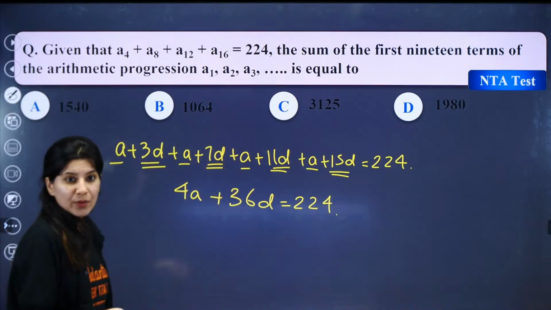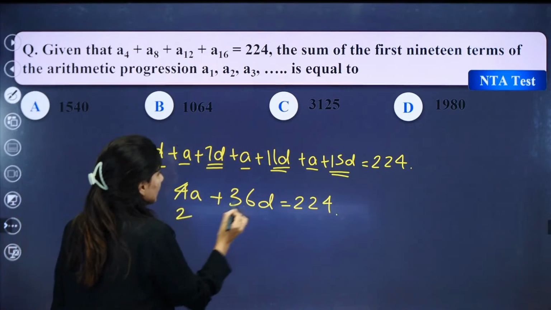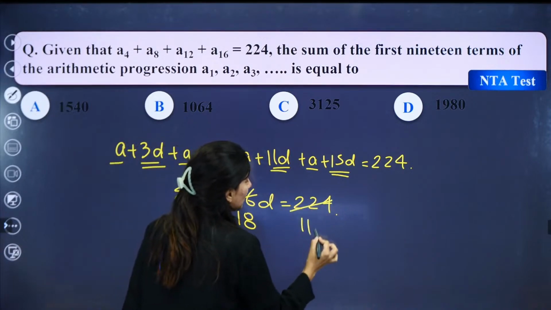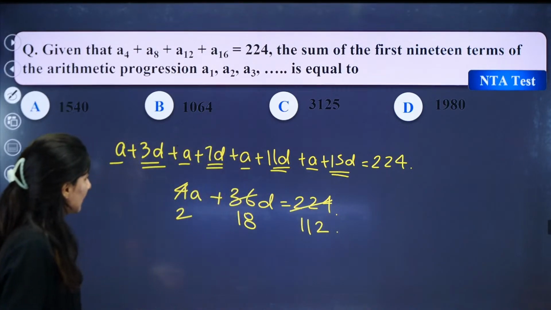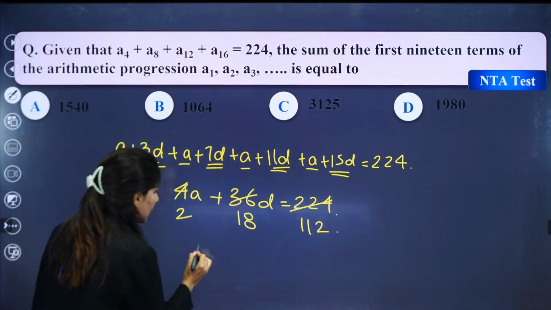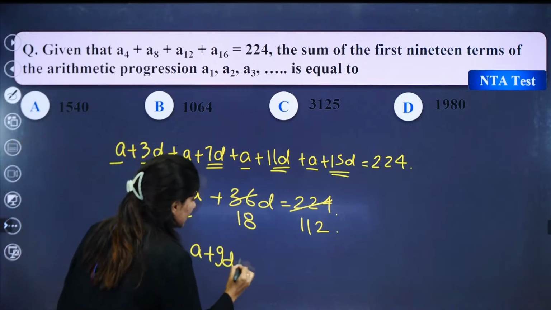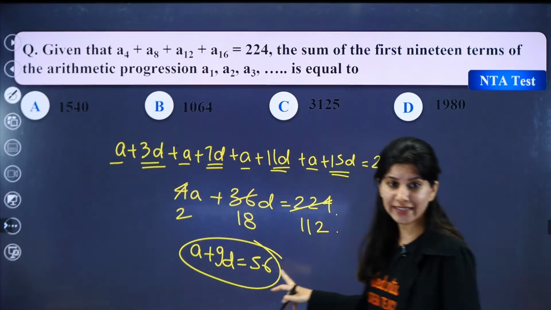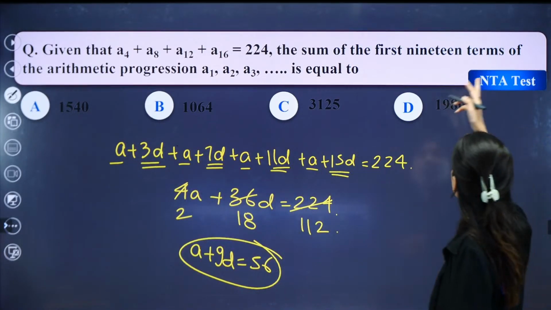We can do A plus 9D is equal to 56 directly. Okay, clear. A plus 9D is 56 now.